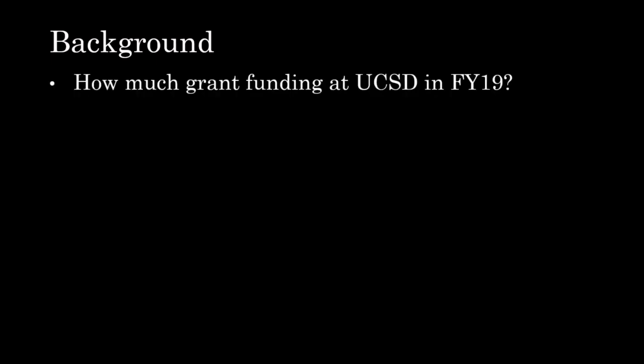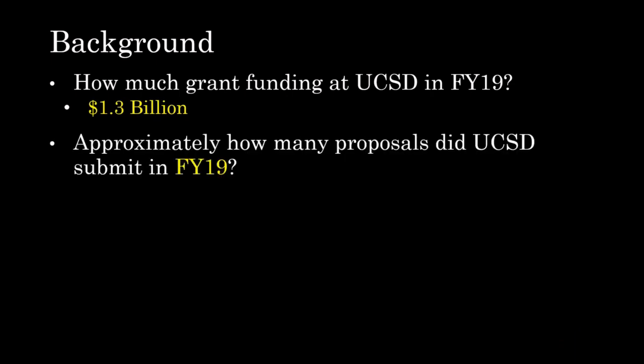So the background, I'd like to kind of give you the 50,000-foot picture of grants at UCSD, and we do a pretty big book of business here. We did about $1.3 billion in grant funding in fiscal year 2019, and progressively it's been going up every year.